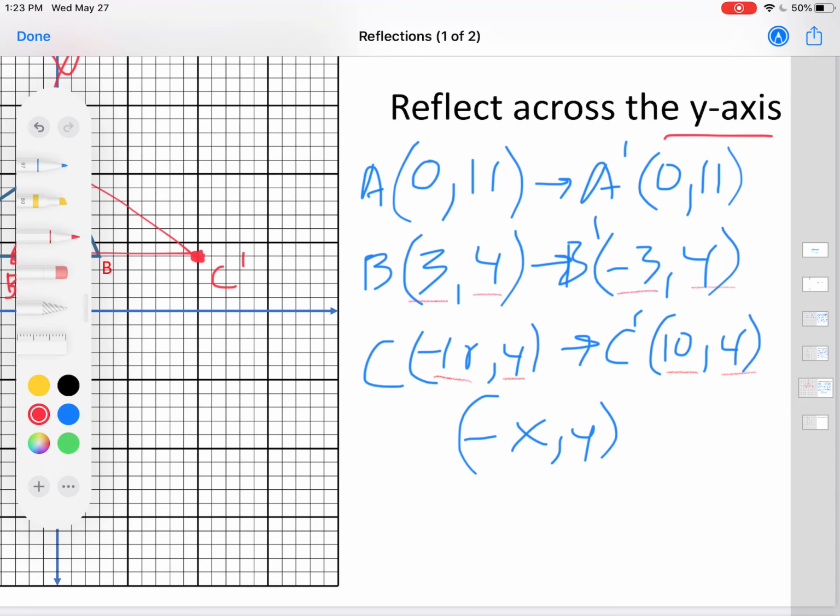And 4 is 4. What's the opposite of 0? The opposite of 0 is 0. So it is the opposite of x, even though it's the same number. 0 is the only number that is its own opposite. And 11, 11. Still goes opposite x, no change in y.